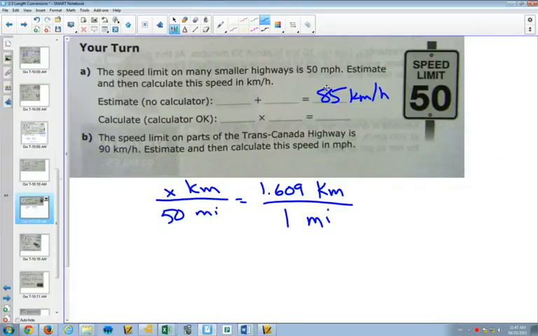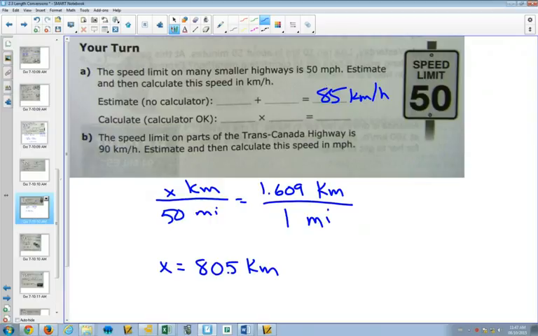Multiply both sides by 50. And we get 80.45, or 80.5 if we round it, kilometers. So 50 miles per hour would be about 80 kilometers per hour as far as proportion goes.